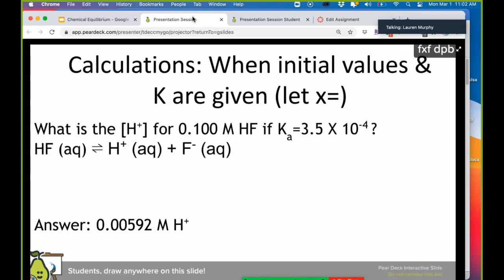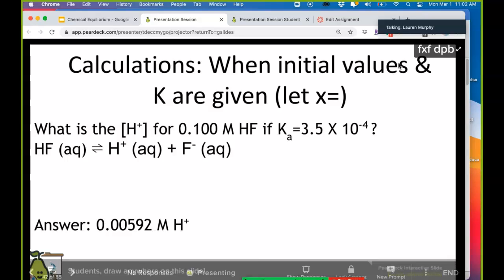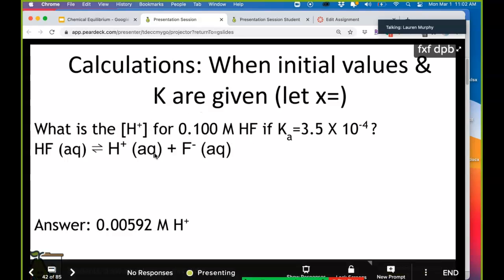Meaning we're trying to find something else, like the concentration of something instead of K. So when we solve for K, it's because we know all of the values in the expression, all the concentrations or all the pressures, right? Remember, we can plug pressure into there. Now, if I give you K, it probably means we're solving for one of the concentrations or one of the pressures.